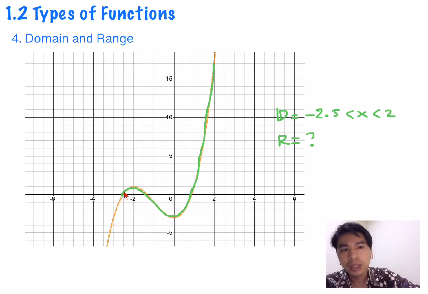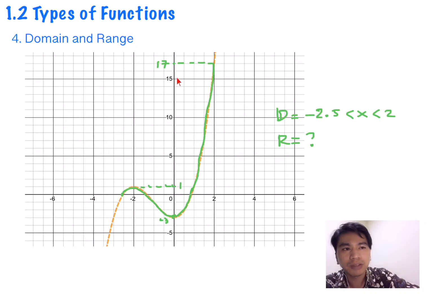You'll have 3 ups and downs for this domain. The first one is from negative 2.5 up to 2. The range varies from 0 up until 1 over here. And then it goes down from 1 up until negative 3, and then it goes up again up until here, which is 17. I'll write the numbers for us.